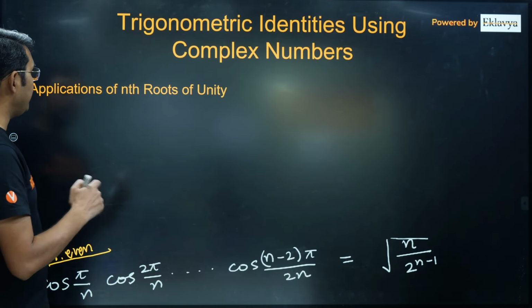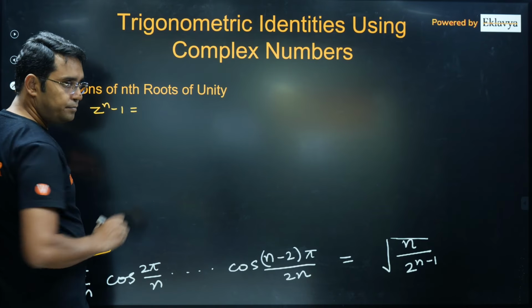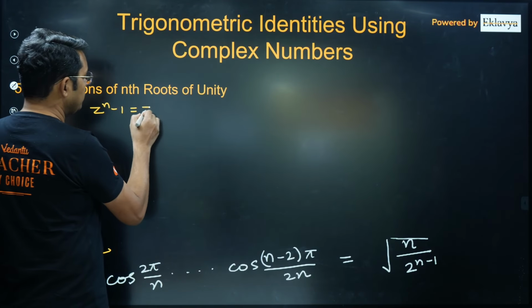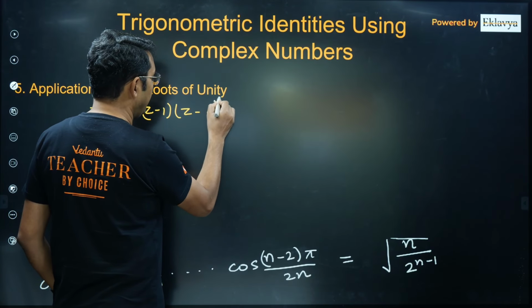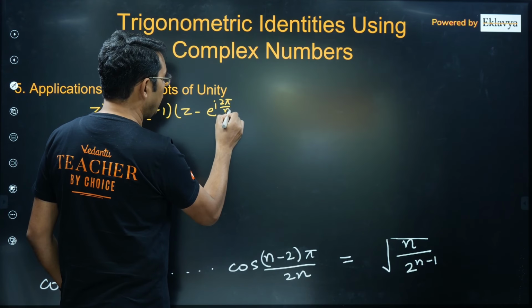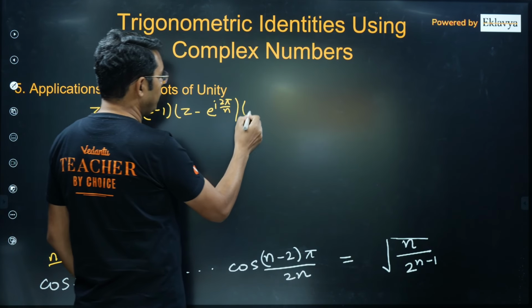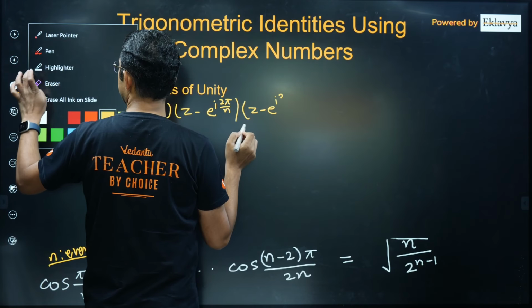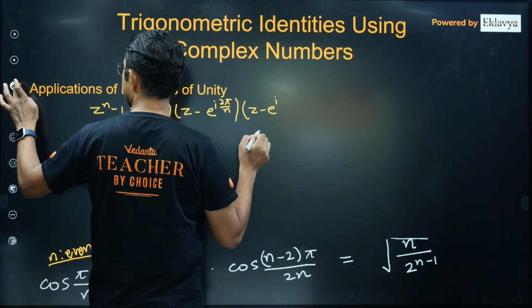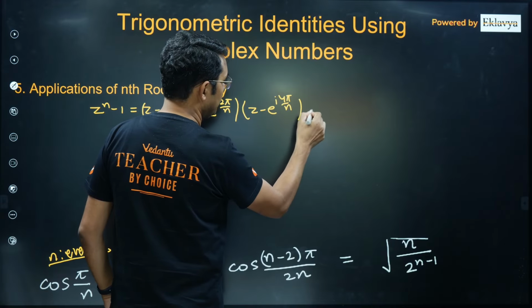I'll show you how it is going to come. For n even, try to understand z power n minus 1. Its factors were z minus 1, z minus e power iota 2 pi by n. Instead of alpha 1, I am writing 2 pi by n. I hope that is fine. Then for alpha 2, I am writing e power iota 4 pi by n, and so on.